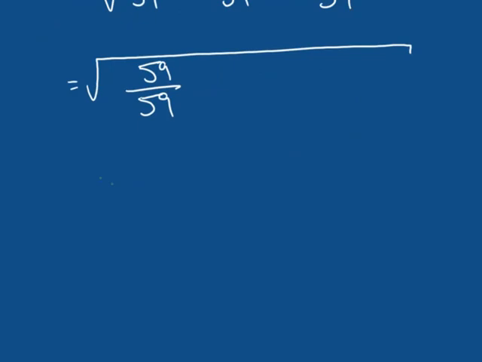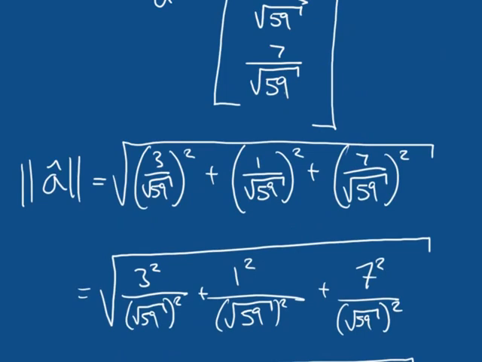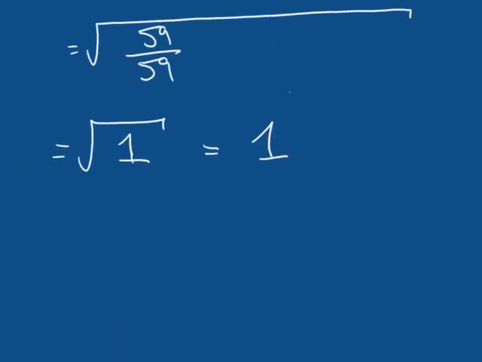Obviously 59 divided by 59 is equal to 1, so it's equal to the square root of 1, and the square root of 1 is obviously equal to 1. So just as we did with the 2D case, we've shown by using the most accurate representation of our vector, that this is indeed a unit vector with a length of 1.